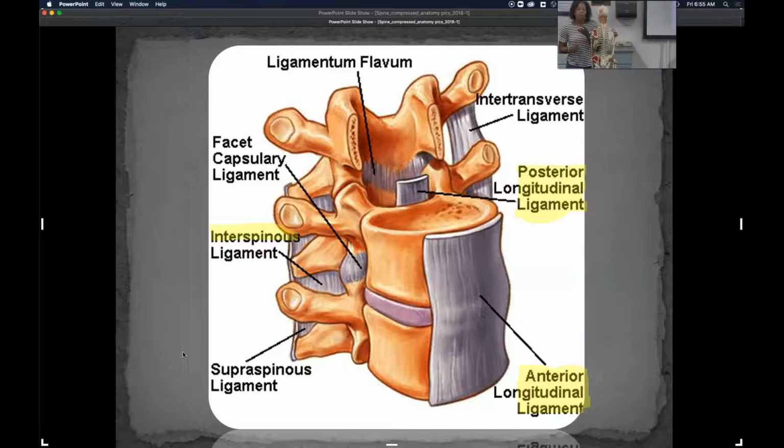And we can appreciate that, because if they get lax, then we get intra-segmental spinal body laxity. In other words, we increase the amount of movement of our spinal bodies, and we don't want that. We don't want laxity across segments. In fact, we want the spine to stay intact, right?